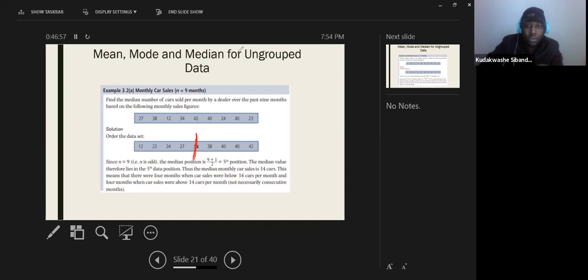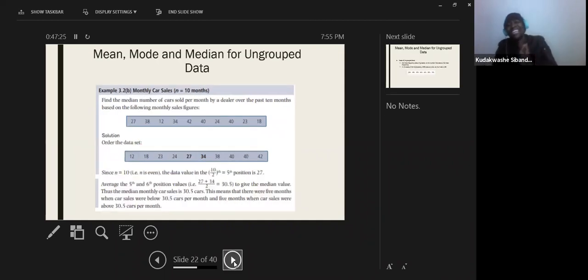Then there were 4 months where car sales were above 34, which is this part there. So basically that is how you use the median to interpret the question that you would have been given.